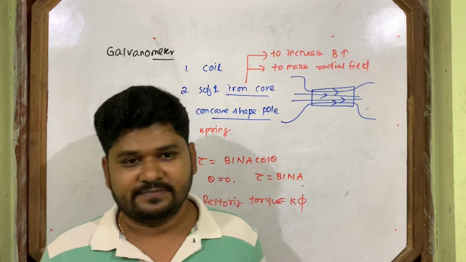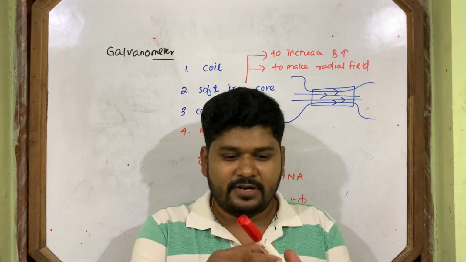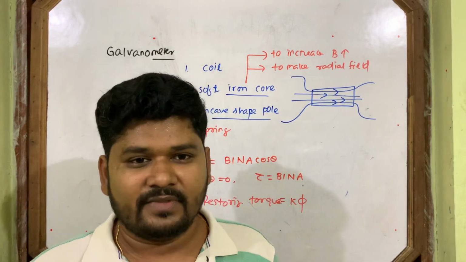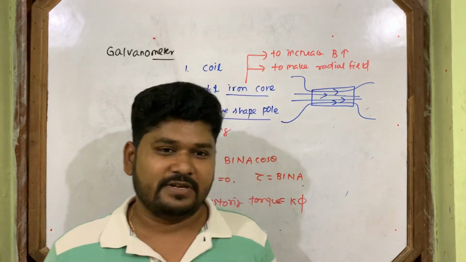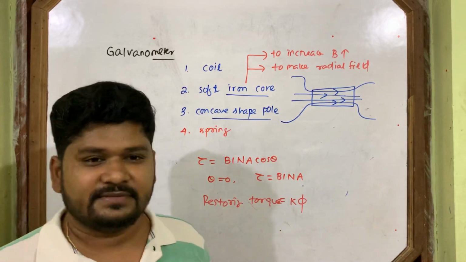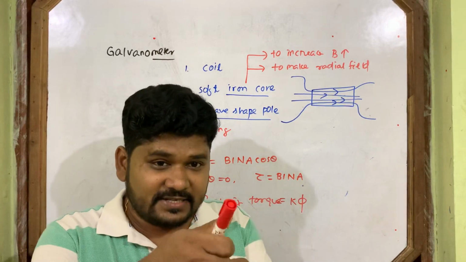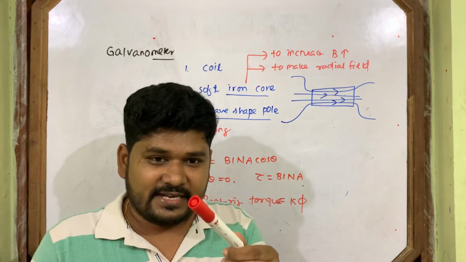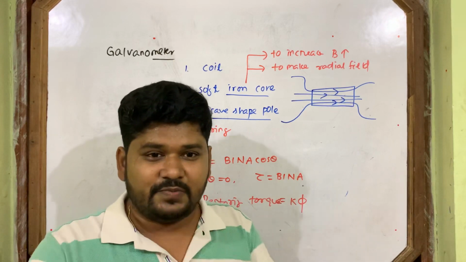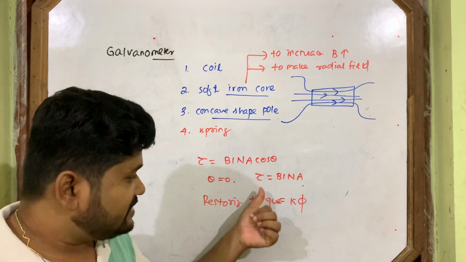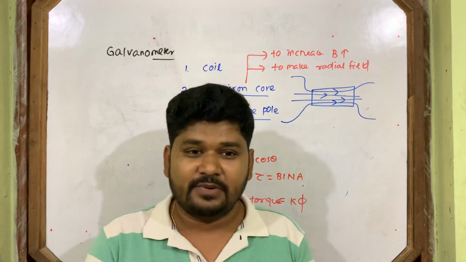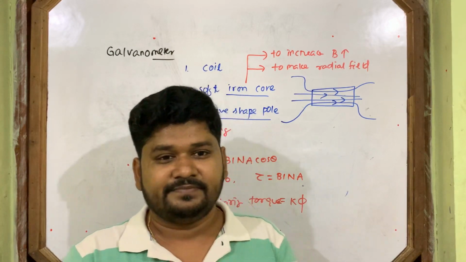Why does this happen? Due to this reason: the deflecting torque acts in one direction and the restoring torque in the opposite direction. When the deflecting torque equals the restoring torque, the pointer comes to rest.